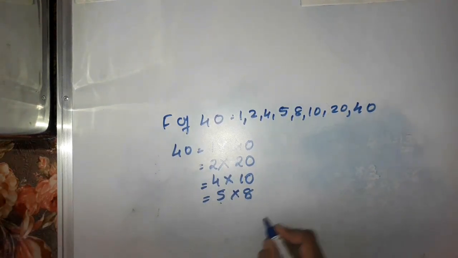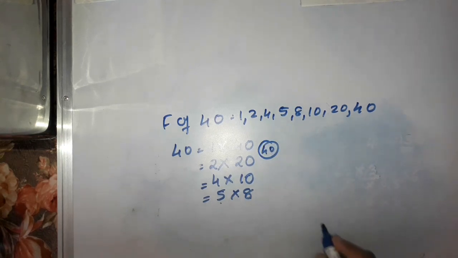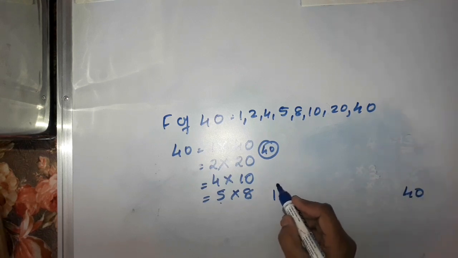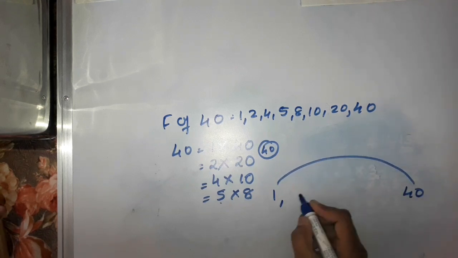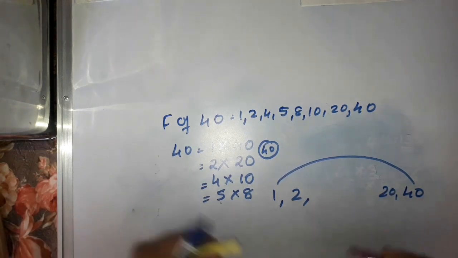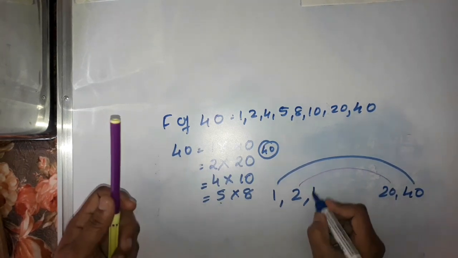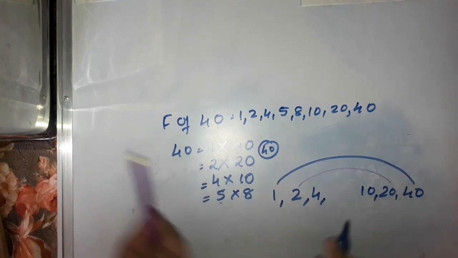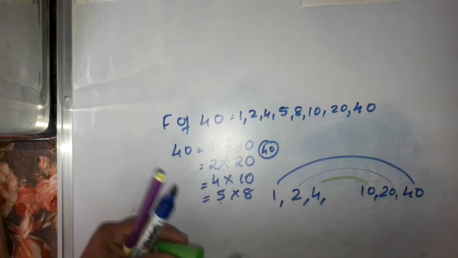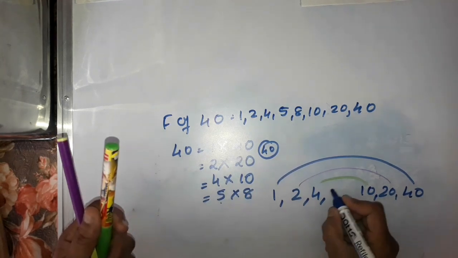Say 40, you want to find factors of 40. So how will you start? 1 and 40, then after you have 2 and 20, then say you have 4 into 10, and then you have 5 into 8.